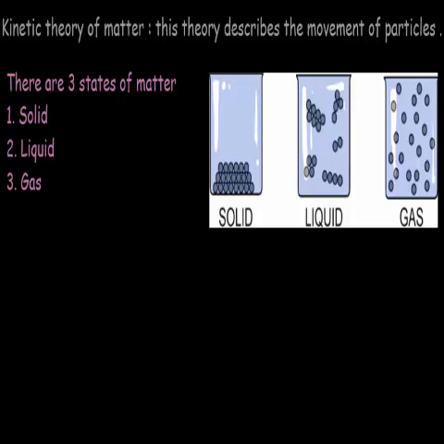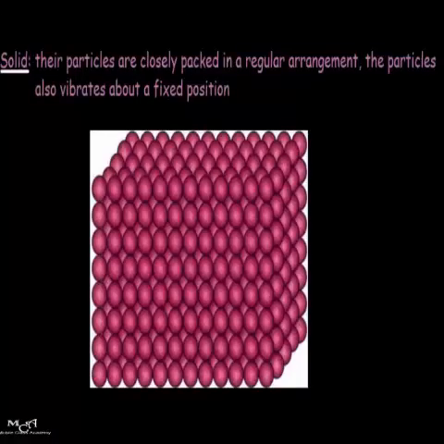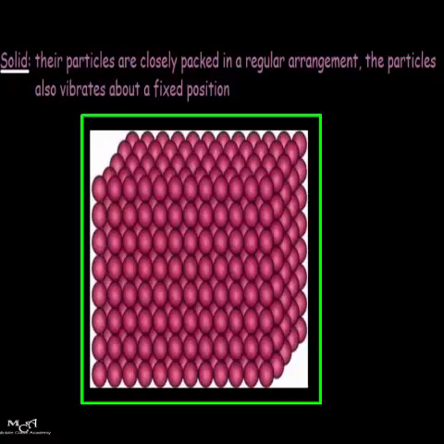Now, the first state of matter is solid, because we are talking about the kinetic theory of matter here. When you talk about solids, their particles are closely packed in a regular arrangement. The particles also vibrate about a fixed position. This is the diagram of a closely packed solid.